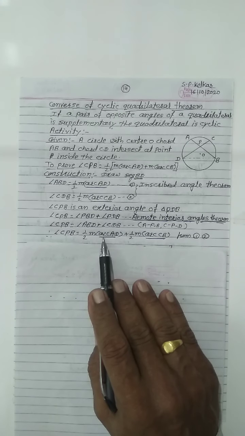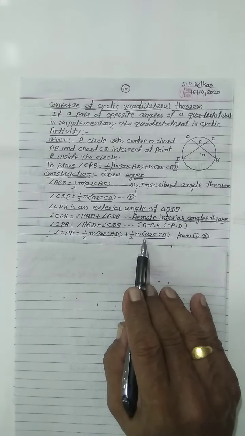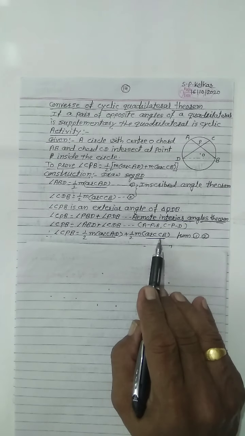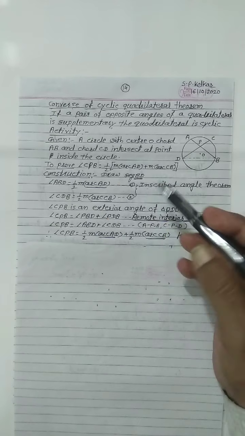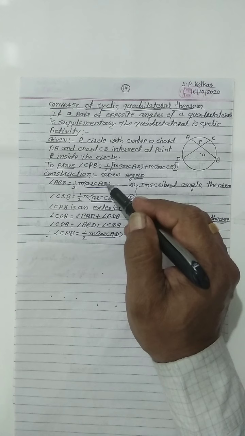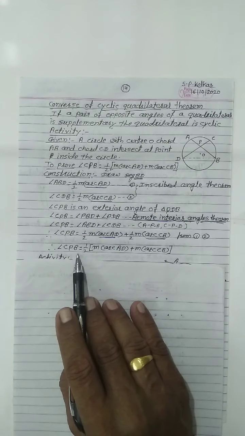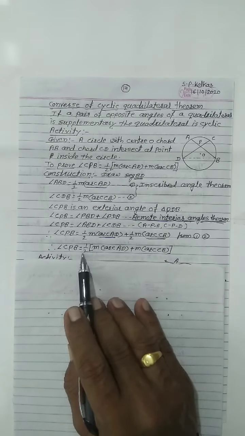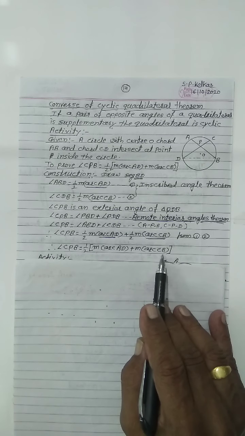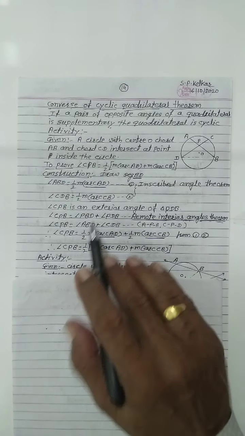So from equation 1 and equation 2, we write the two arc measures: 1 by 2 measure of arc AD plus 1 by 2 measure of arc CB, because an angle measure is half of the arc measure. Then angle CPB equals, taking 1 by 2 common in square brackets, measure of arc AD plus measure of arc CB. See, the activity is completed.